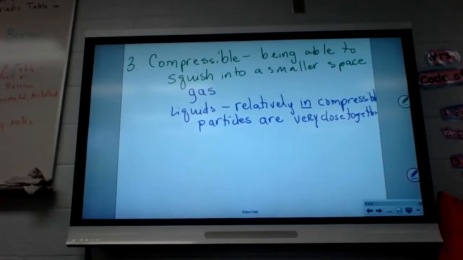So for the purposes of asking who's compressible, the only thing that can be compressed is a gas. Liquids cannot really be compressed.